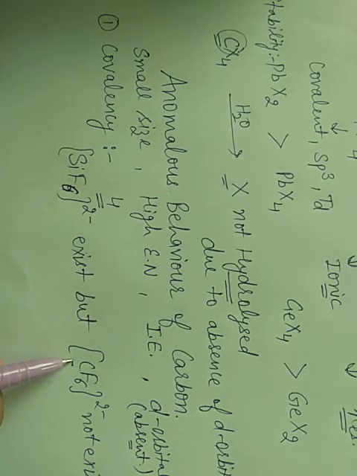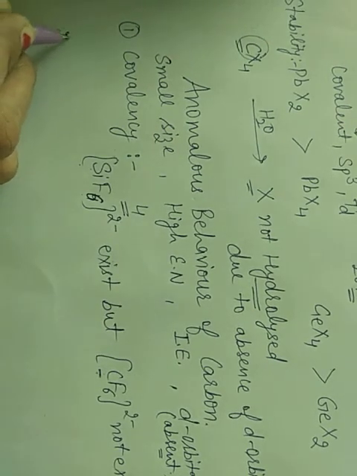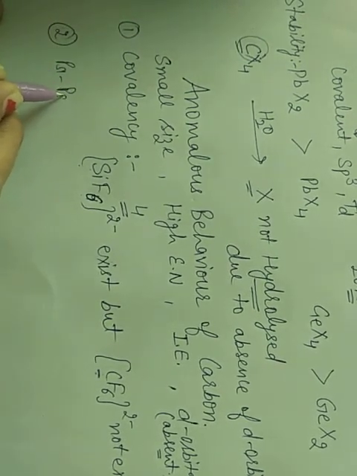Because carbon size is very small, and due to the absence of d orbital, carbon cannot expand its valence shell, so its maximum covalency is 4. But in case of SiF6, silicon's size is large as compared to carbon, and it has vacant d orbitals, so its covalency expands. Now the next is point number 2, that is p pi multiple bonding.